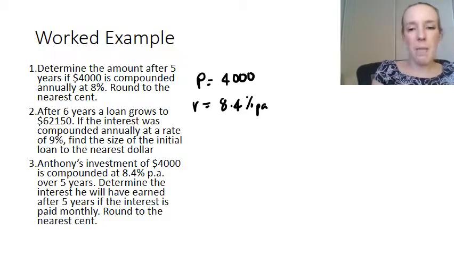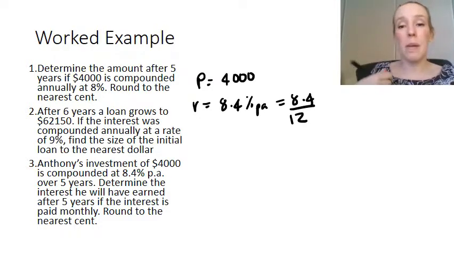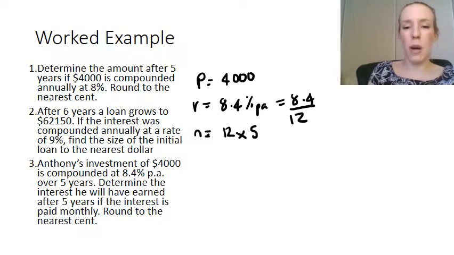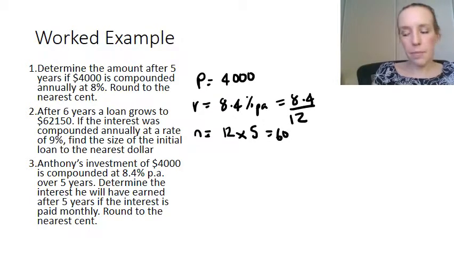But it's being paid monthly, so it's 8.4% over 12, because it's going to be paid out 12 times per year. And the number of pay periods, well, it's being paid out monthly, so it's 12 times per year, and we've got 5 years, so it's 12 times 5, and that will equal 60. So we can then put that into our formula.